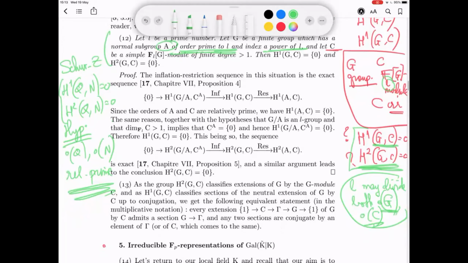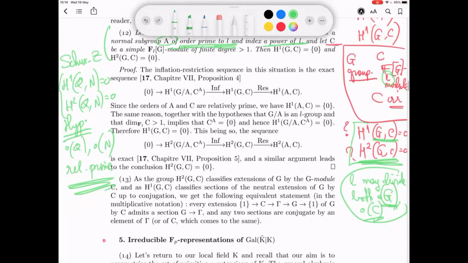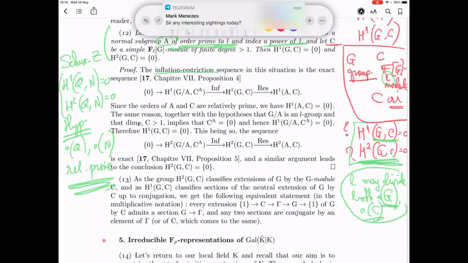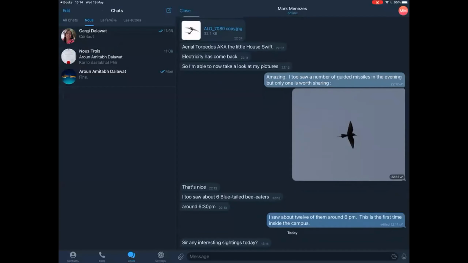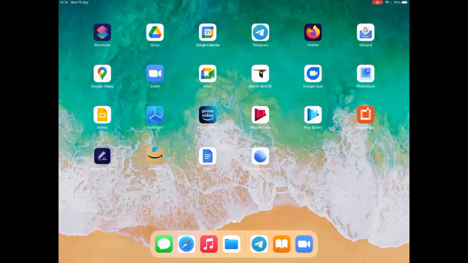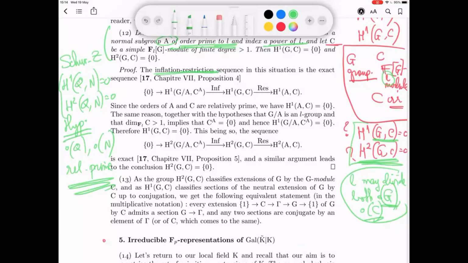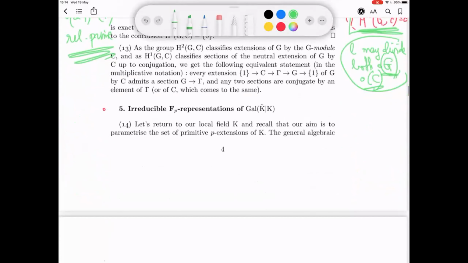Okay, so that is the statement, and the proof requires a little bit of what is called group homology, right? So there's this thing called the inflation restriction sequence. Now, I don't know whether I've really explained H1 and H2 to you, but let me do it here briefly.